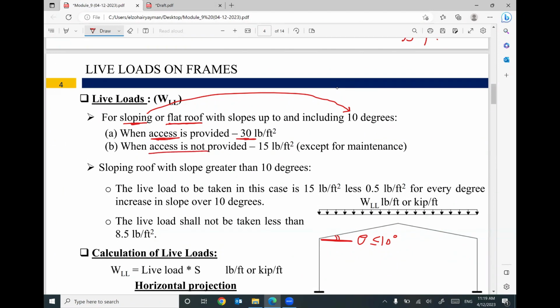If you don't have access, the live load equal 15. And this live load will be pound per square feet over area.